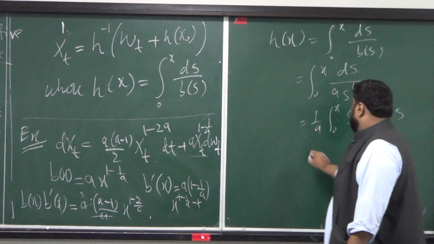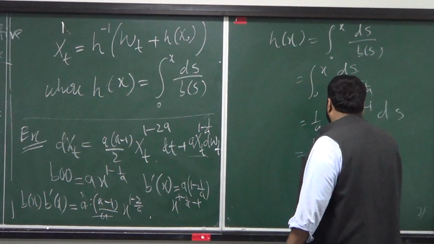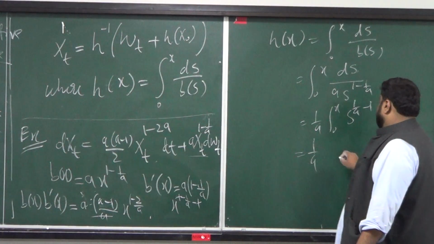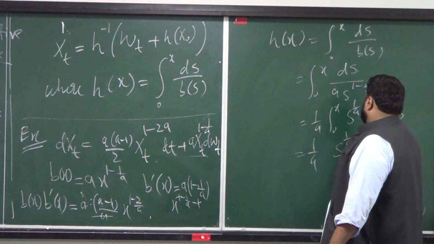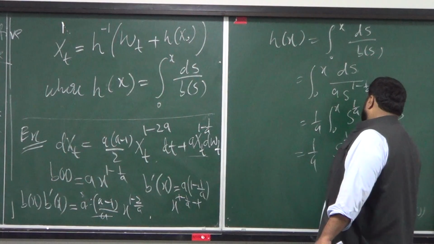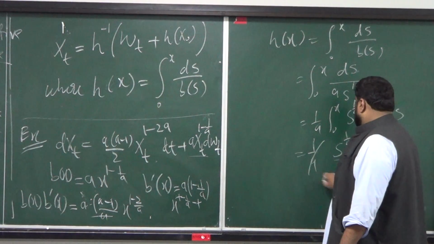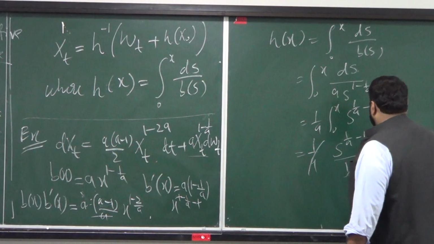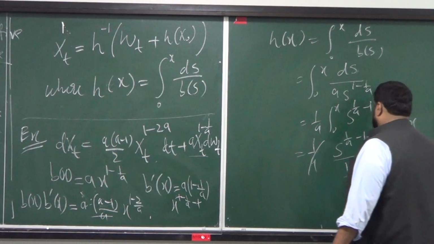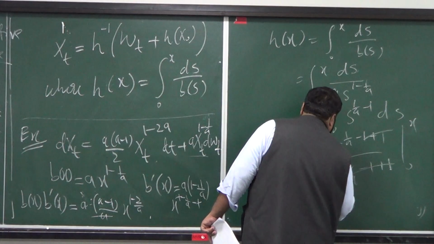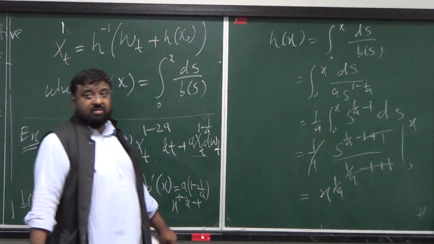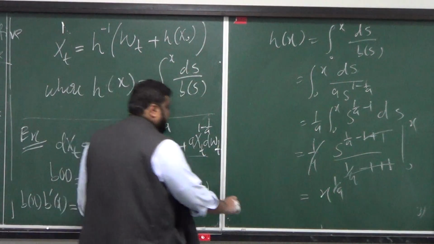And 1 over a, s is going to be s^(1/a - 1 + 1), and the 1/a - 1 + 1, so these two will go away. This will go away. Evaluating from 0 to x, it's going to be x raised to 1 over a. This is h of x.